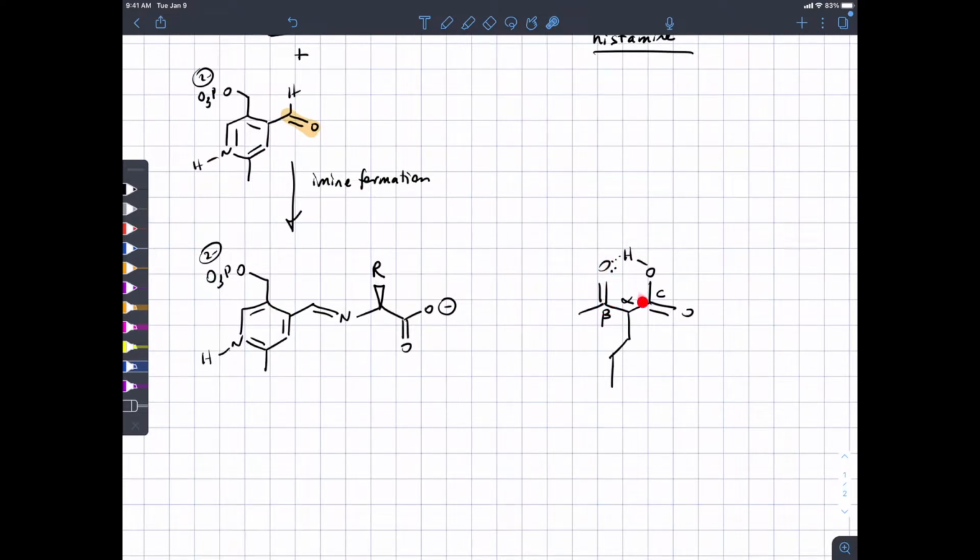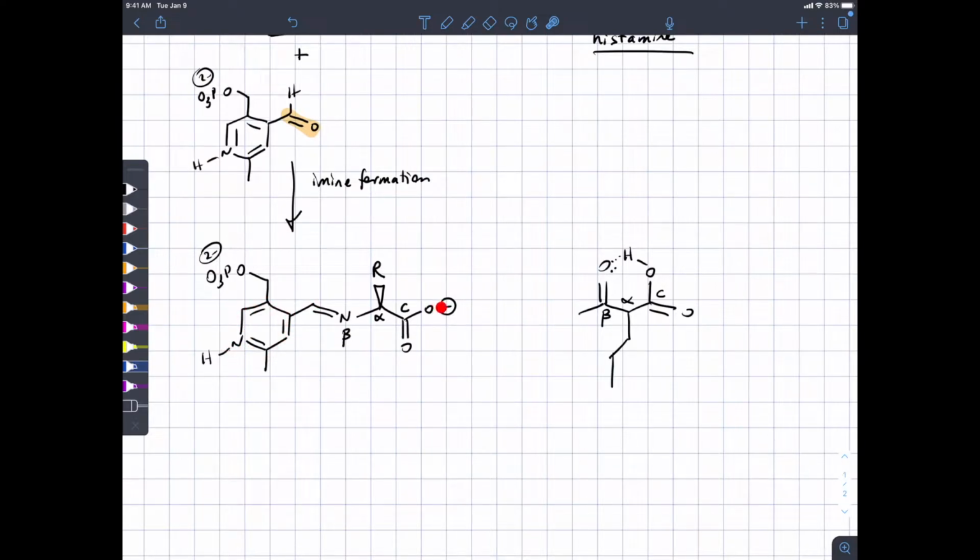And the idea was that if CO2 left and kicked off this portion as a leaving group, we would have a negative charge in a place where it could be resonance stabilized. Well, similarly here, you have a carbonyl carbon, an alpha carbon, and a nitrogen that's doubly bonded to something. And that thing to which it's doubly bonded is also conjugated to a benzene ring.